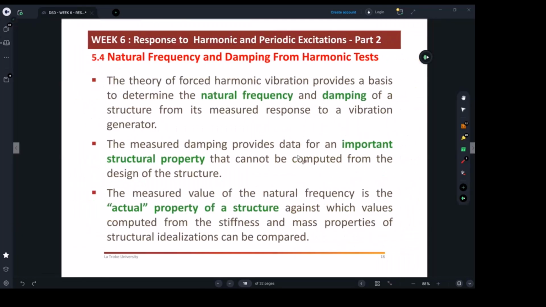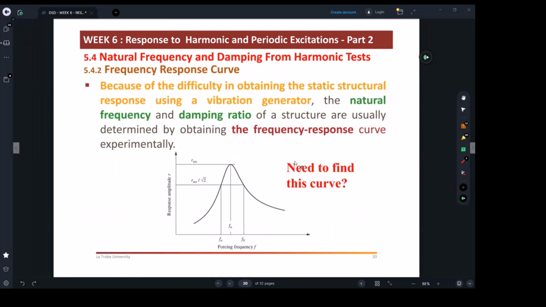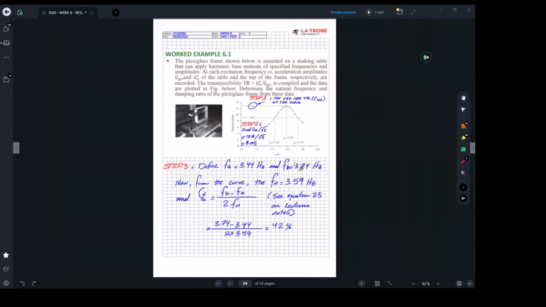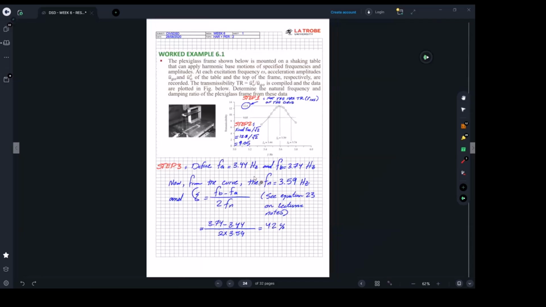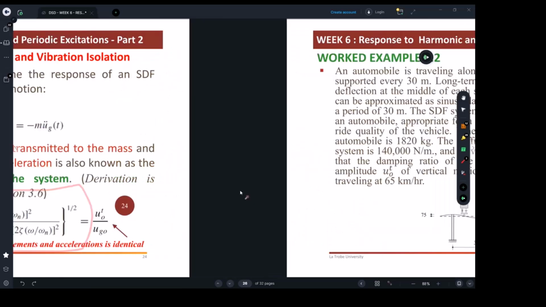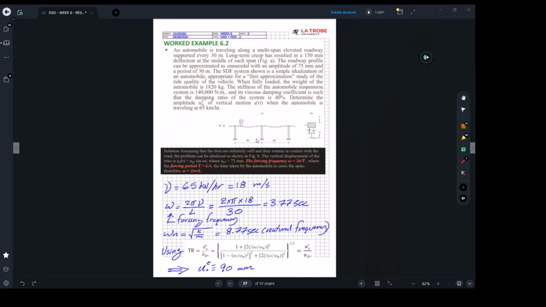I think we're going to apply an example Wednesday as well. This is all related to the bandwidth example. Understand the application of the transmissibility ratio, which is to do with this example, and how we can find different responses for a vehicle running over a bridge.